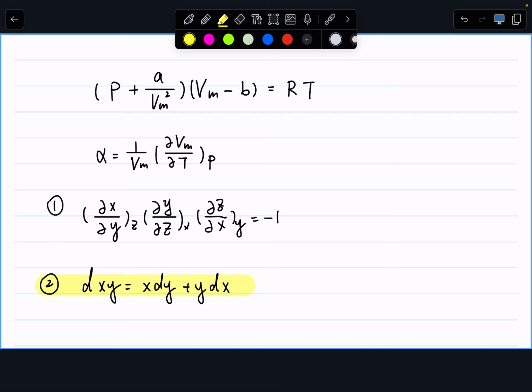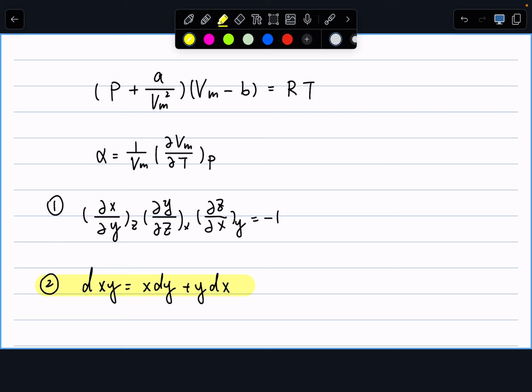And now it's just plugging numbers. We know what x is, we know what dx is, we know what y is, we know what dy is. We're just effectively plugging numbers into this original equation. So what we have is the following.